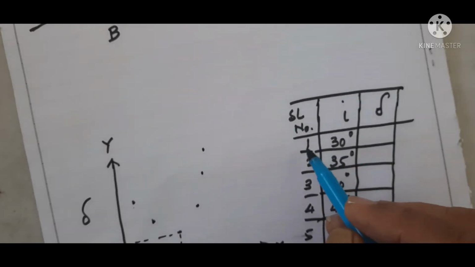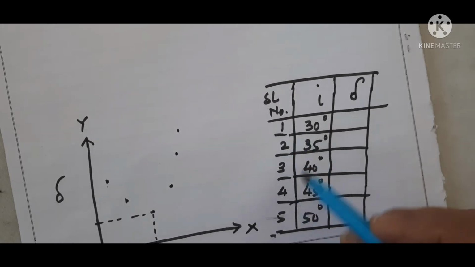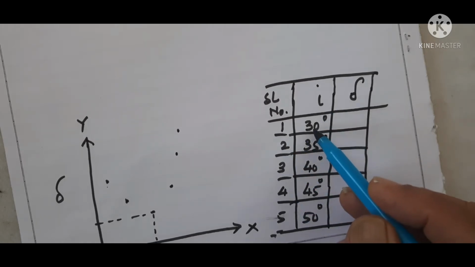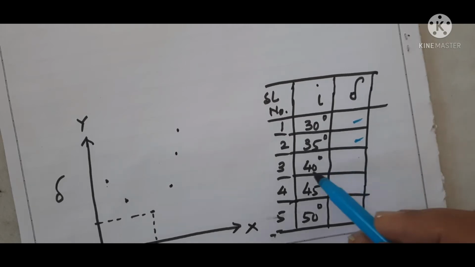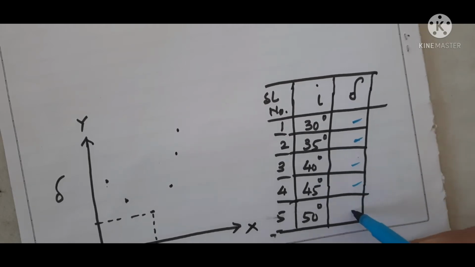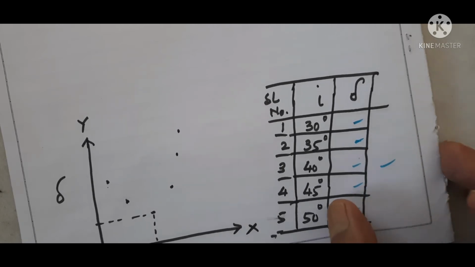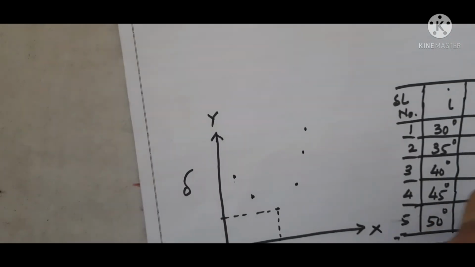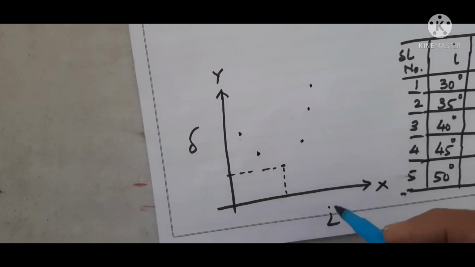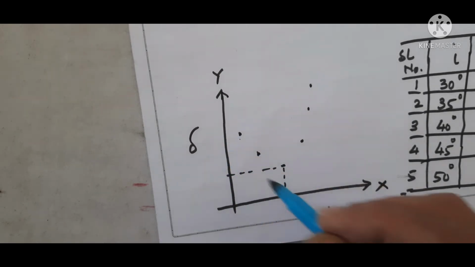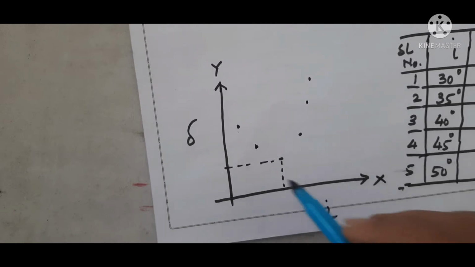We are going to make a table of the different readings. Say if the angle I is 30 degrees, then what is the value of delta, whatever the value is. This is the observation. And after taking the observations, we draw the graph between delta and I, with angle of deviation on the y-axis and angle of incidence along the x-axis.